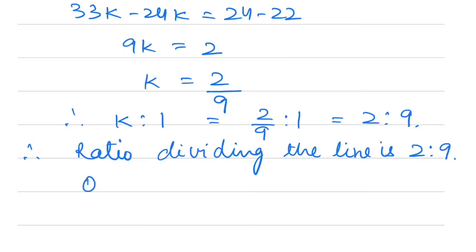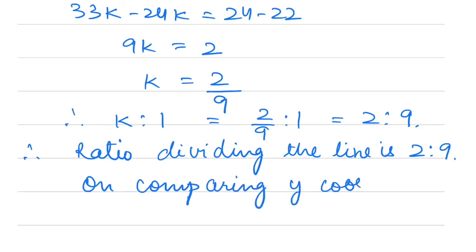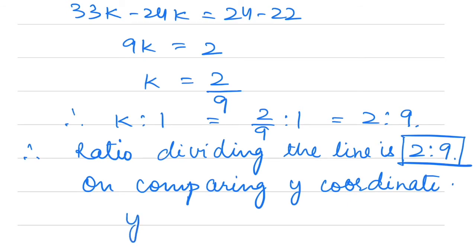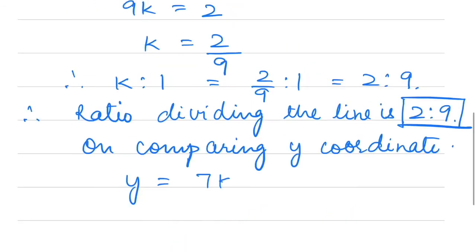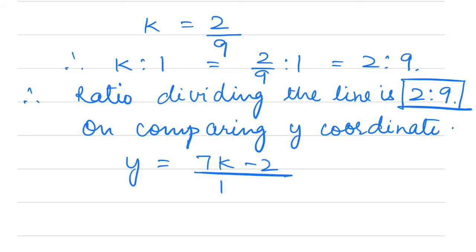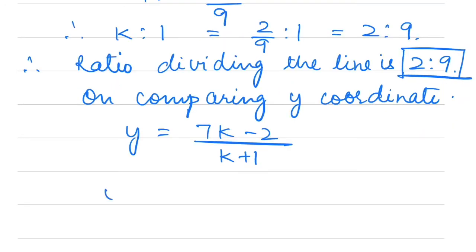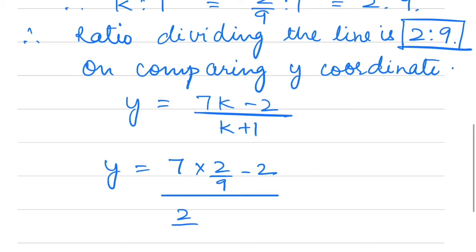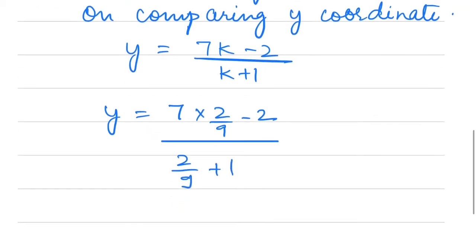And on comparing the y coordinate, we have y is equal to (7k minus 2)/(k plus 1). So y is equal to (7 into 2/9 minus 2) divided by (2/9 plus 1).